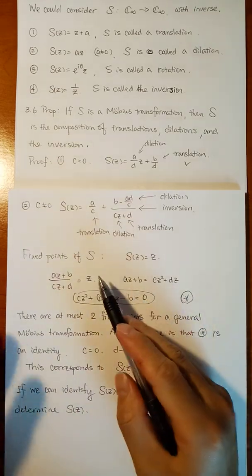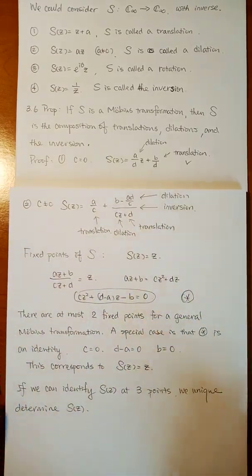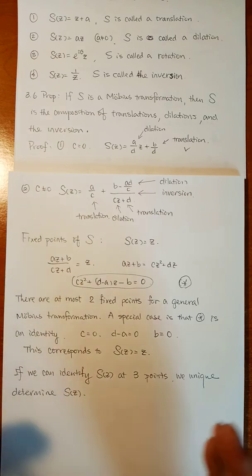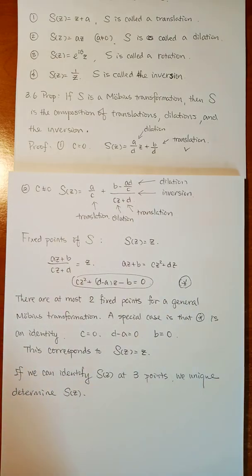It has 2. If we can have 3, then we will uniquely fix it. That's the idea about fixed points, the application of fixed points. So if we want to name a Mobius transformation, or tell the difference between Mobius transformations, we only need 3 points.